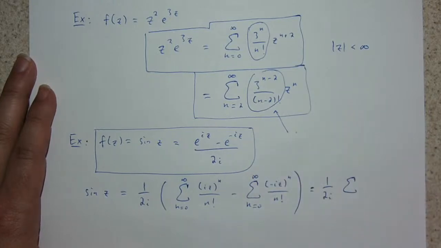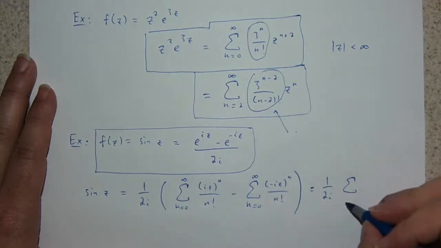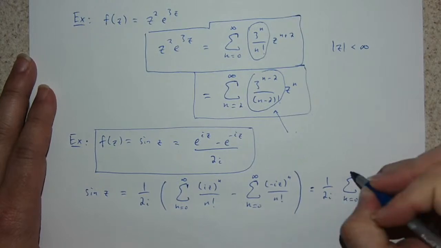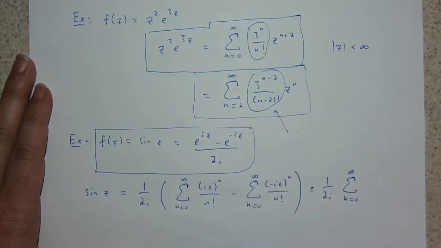Both of those things converge everywhere. These are both entire functions. So I don't have to worry about convergence here. And so doing this series subtraction is not ill-defined. I'm perfectly happy to do this.